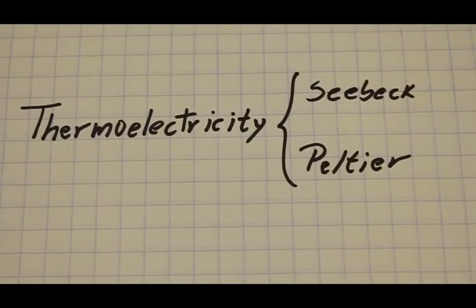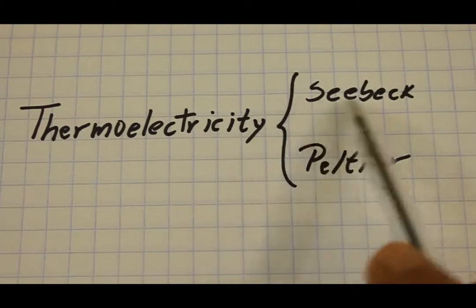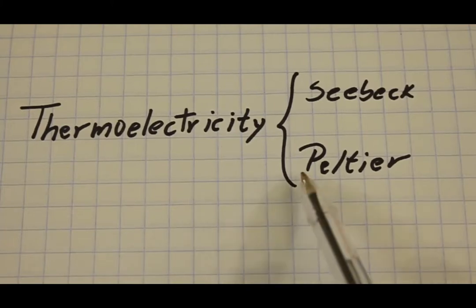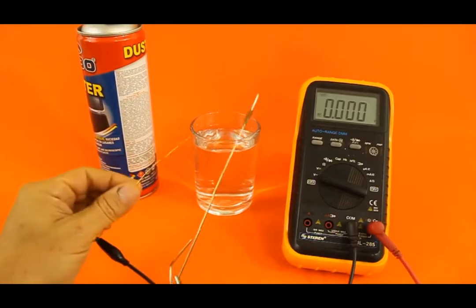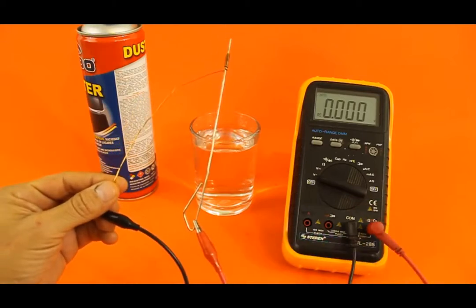Today we will talk about thermoelectricity, which is a phenomenon that appears when we make a junction of 2 different metals. And it can appear in 2 different ways. One is the Seebeck effect, which is the direct conversion of heat into electricity, and the Peltier effect, which is the conversion of electricity into heat. Let's make a demonstration. This is a junction of 2 different metals that is connected to the multimeter.